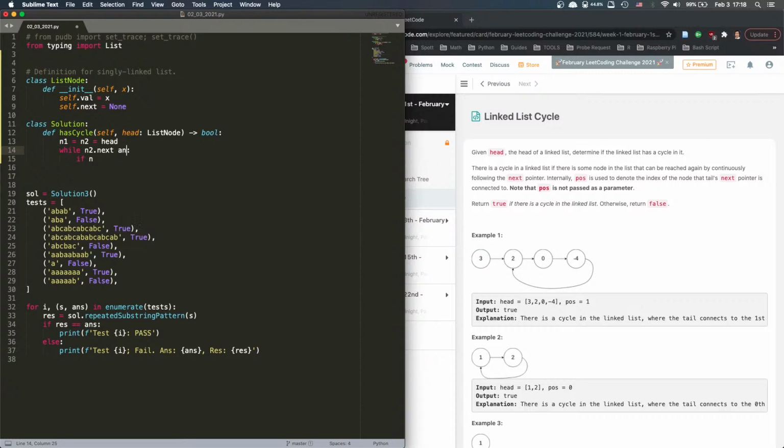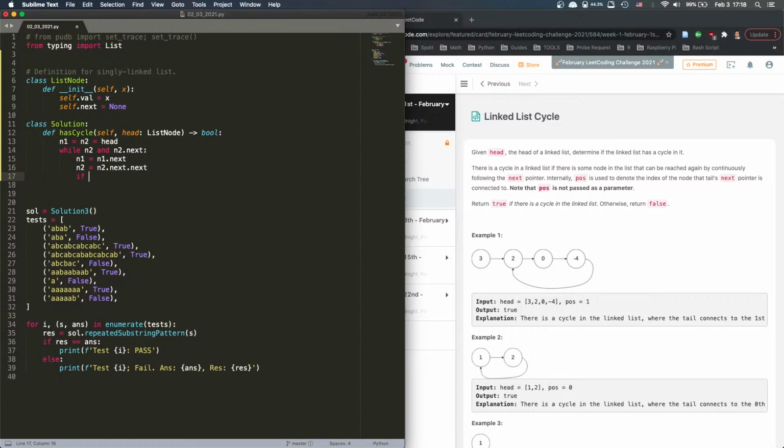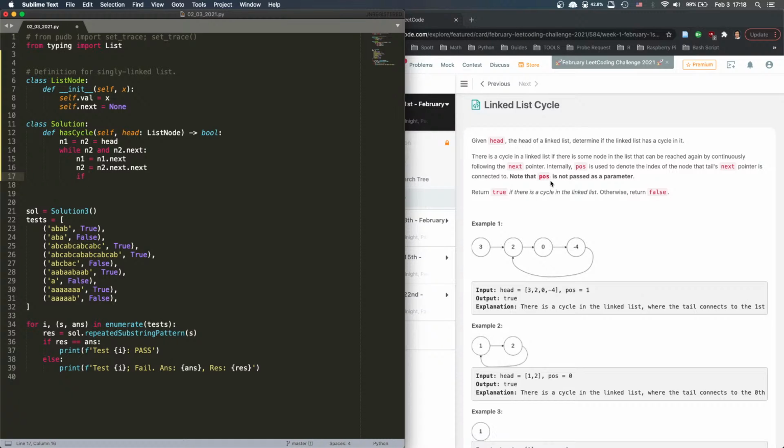So while n2 and n2.next, n1 equals n1.next, n2 equals n2.next.next. If at any point n1 and n2 are the same, then we report that.